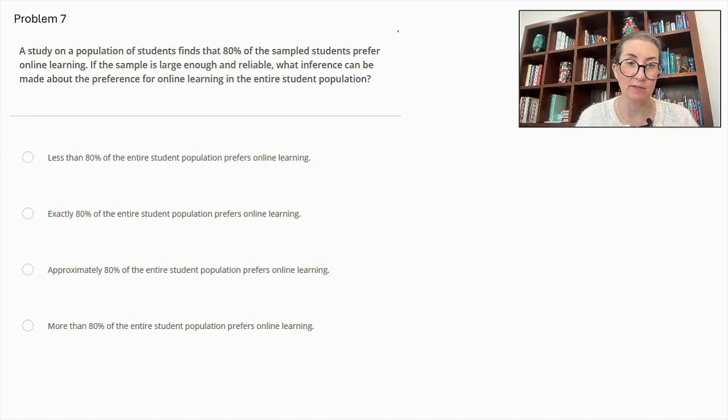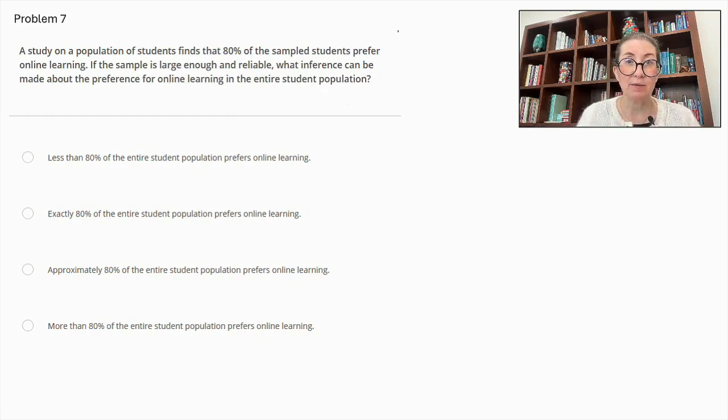Exactly 80% of the entire student population prefers online learning. Approximately 80% of the entire student population prefers online learning, or more than 80% of the entire student population prefers online learning. Let's go through each.